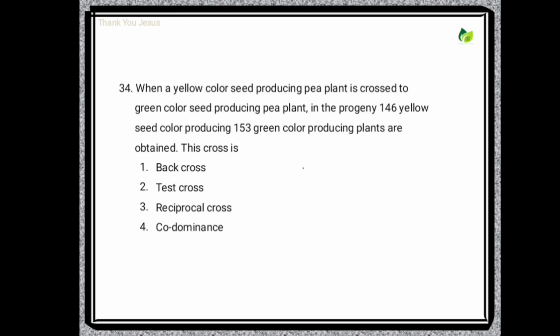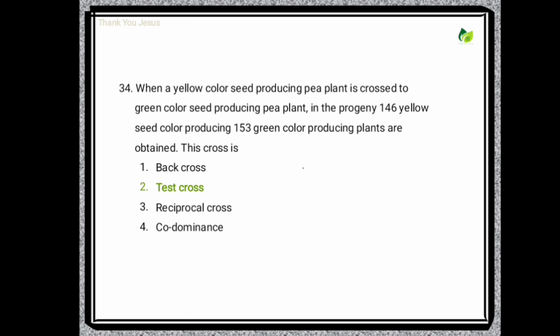When a yellow seed producing pea plant is crossed to a green seed producing pea plant, in the progeny 146 yellow seed producing and 153 green seed producing plants are obtained. So actually this cross is called a test cross.